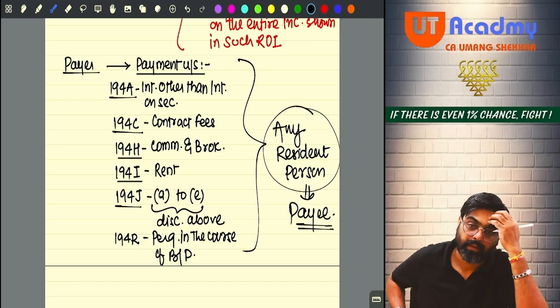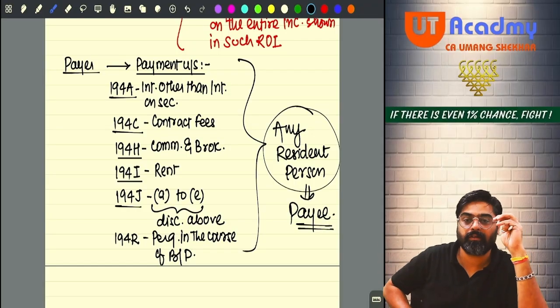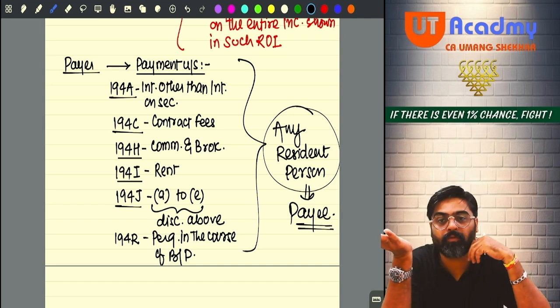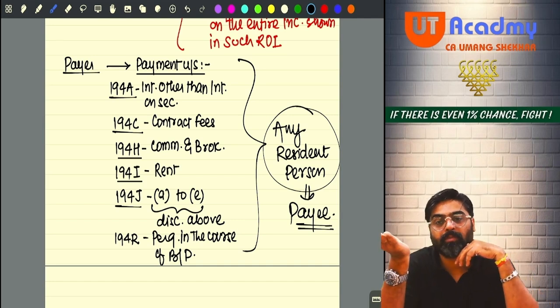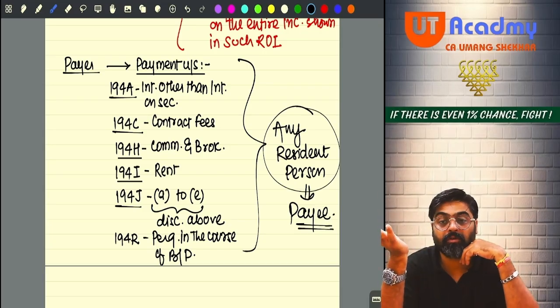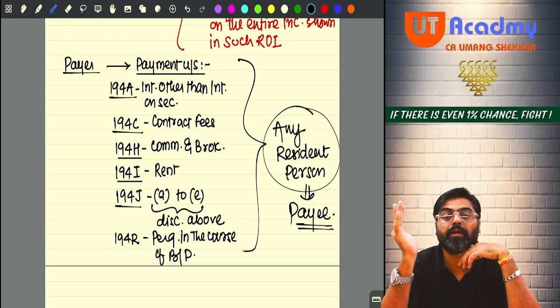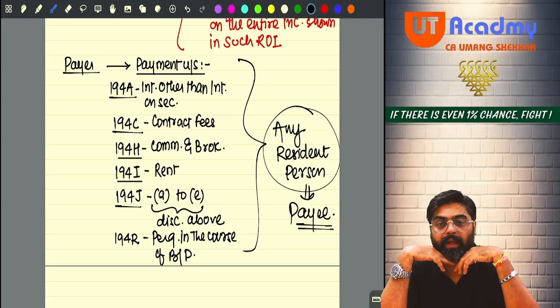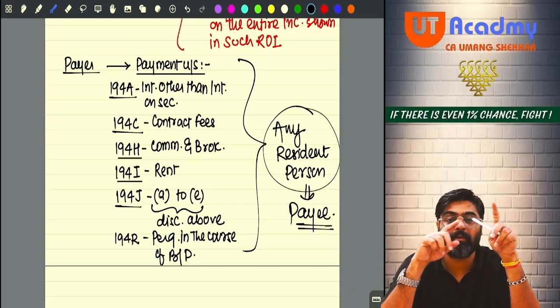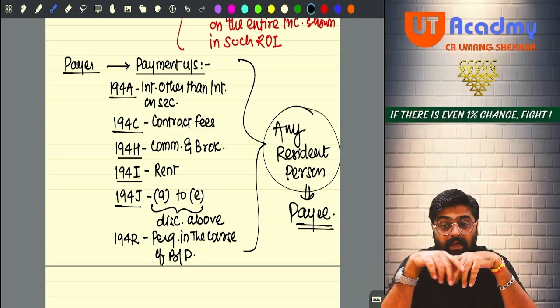Then under these sections, the TDS is supposed to be deducted. You are supposed to follow the provisions of 194C to deduct TDS on contract fees. You are supposed to follow the provisions of 194I to deduct TDS on rent. So then these provisions will be applicable on you and you will be liable to deduct TDS as per these provisions.